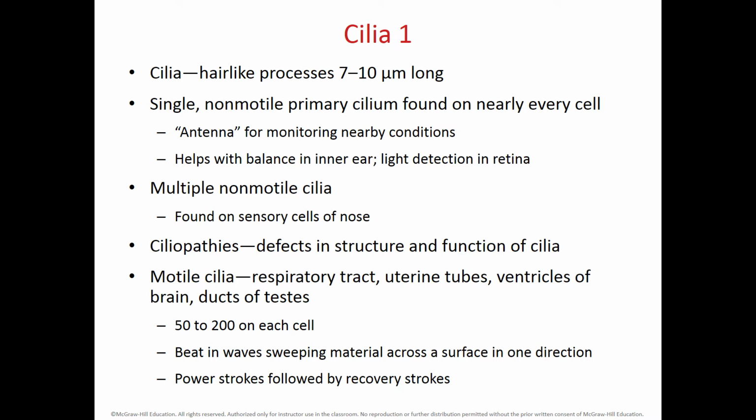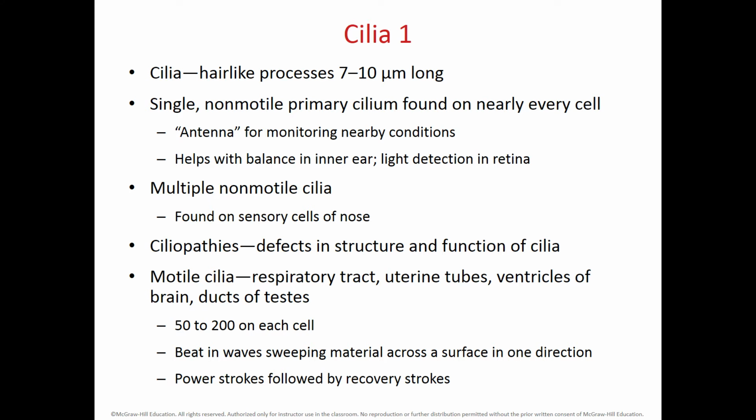Or we have cilia as well that are motile and are multiple, like the ones that we have in the epithelium or the covering of the respiratory tract, the uterine tubes, the ventricles of the brain, and the ducts of the testes. And the function of these cilia in these areas that I mentioned is to transfer, for instance, in the respiratory tract, the mucus, so we can sweep away things that come into our respiratory tract that can damage our lungs.